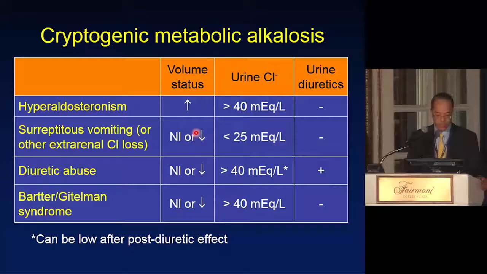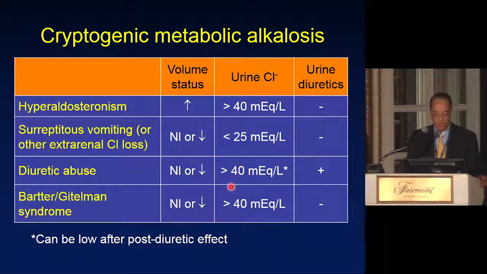In all of these other cases, the patients are either normotensive or hypotensive, and sometimes volume depleted. Here the urine chloride is helpful because it's low in surreptitious vomiting. Urine sodium might be low, but it's not very reliable. Whereas diuretic abuse and Bartter's and Gitelman's are conditions of renal sodium chloride wasting, so the urine chloride, by definition, is always high in these disorders.